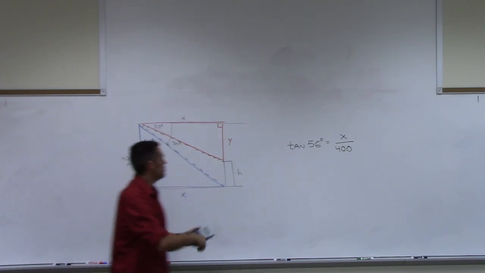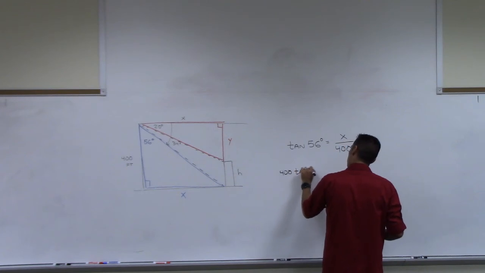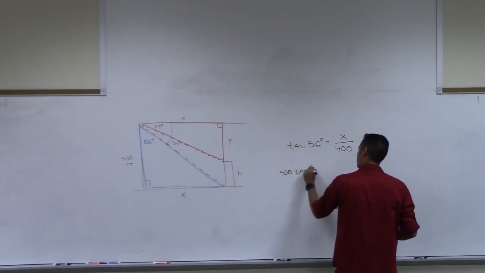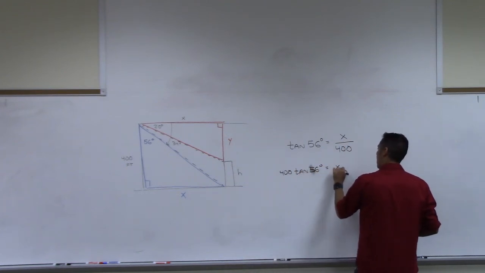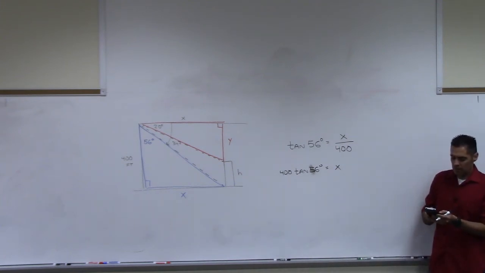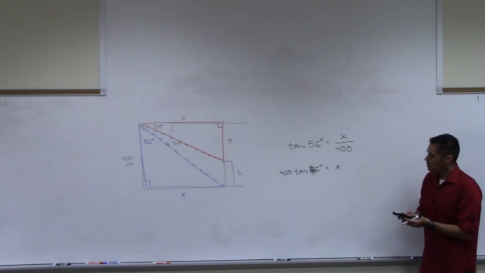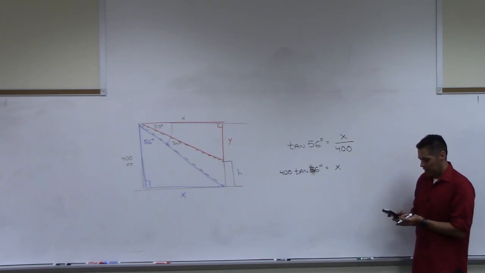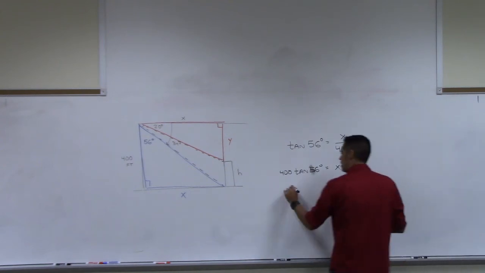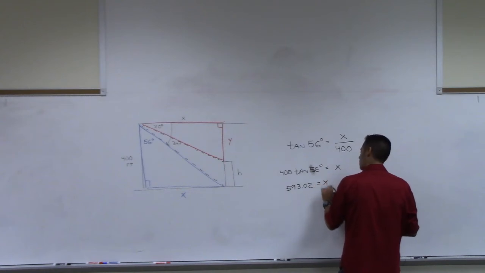And then I can multiply both sides by 400. 400 tangent of 56 equals x. I turn my calculator on and I make sure that I am in degree mode. Okay, which I am. Then I do 400 tangent of 56 degrees and I get 593.02 equals x.